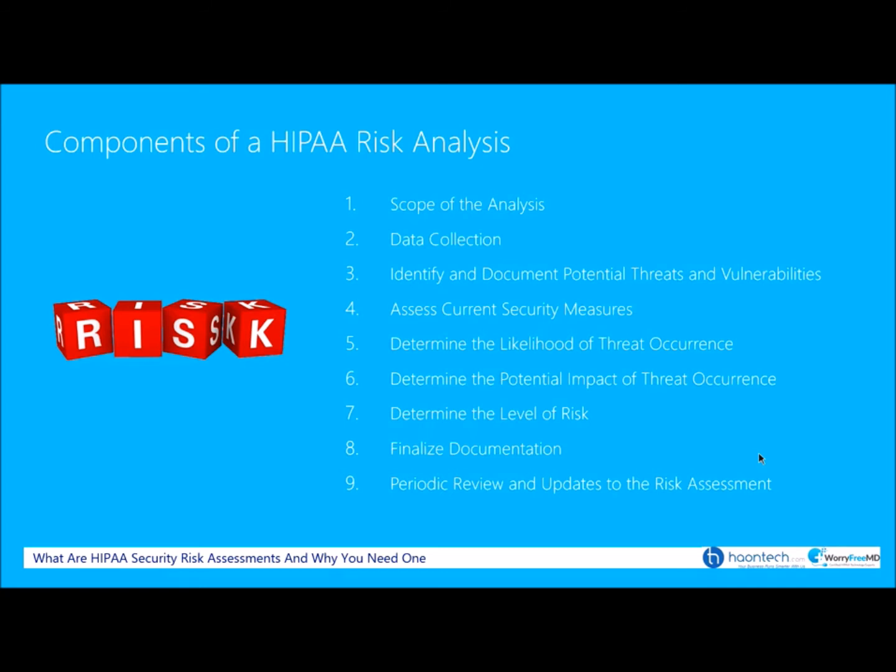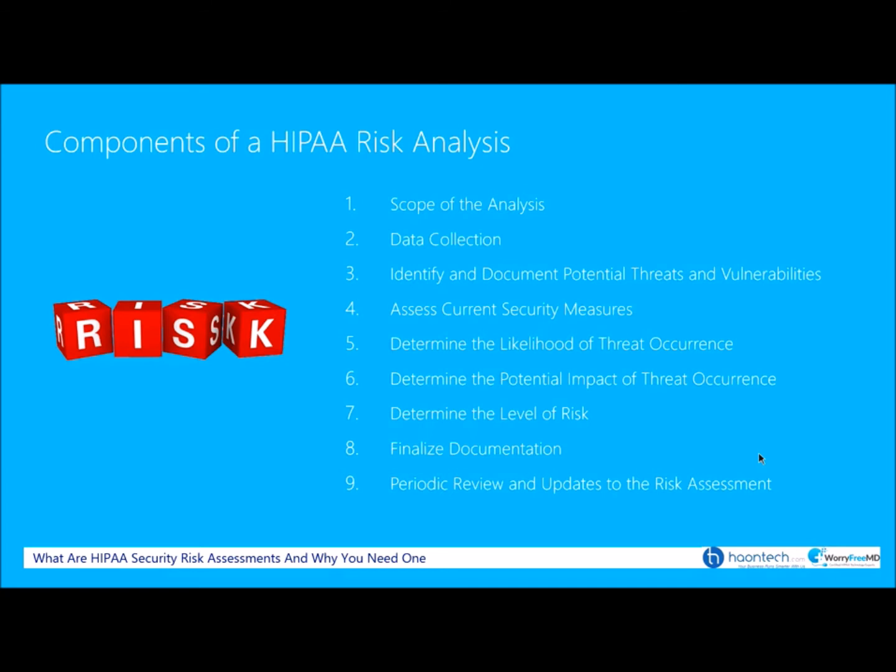Now, like I said, HIPAA does not give you a requirement that tells you exactly how to do a risk assessment. They tell you that you need to do a risk assessment, and basically that opens up the topic and the conversation, but they don't tell you exactly what every entity needs to do. It's complicated because every entity has different setups, large, small, so there's no one way to do a risk assessment.